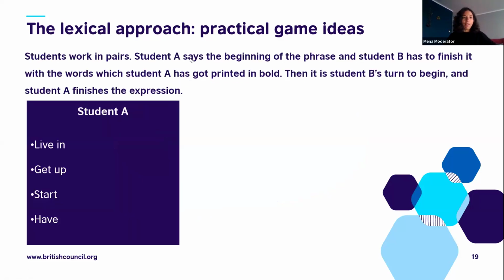So here we have our first one, where we can pair students together, and each student has a card like this one, and it has the beginning of a phrase or a collocation, and we are going to have two different cards, one for student A, one for student B. And they will read whatever they have on their cards out to one another, and their partner will have to complete the collocation or complete the phrase.